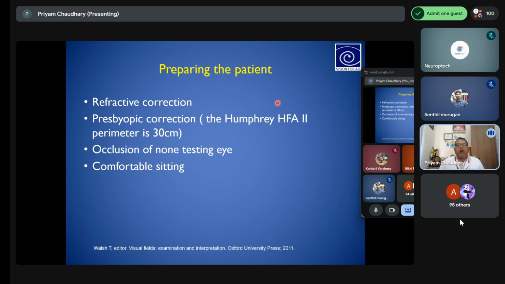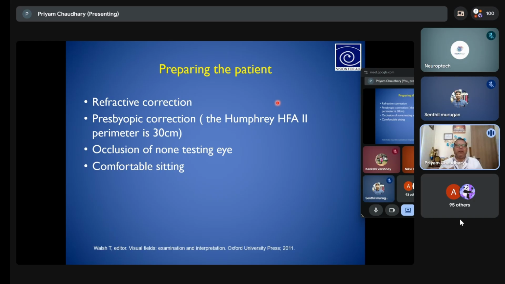So how do we prepare the patients? First, you enter the demographic data in the machine, then the refractive correction. Presbyopic correction is needed because the distance between the chin rest and the background of the machine is 30 centimeters.